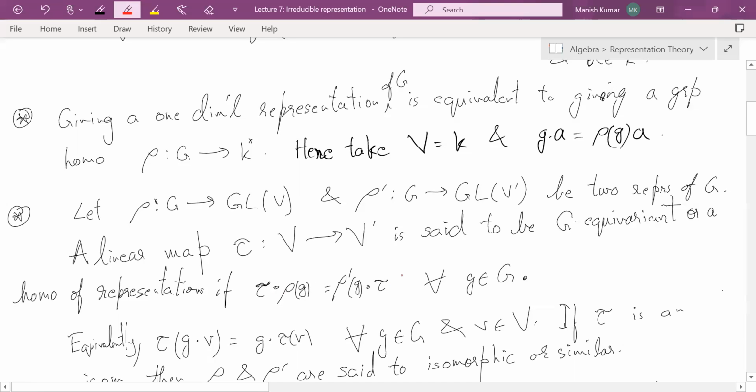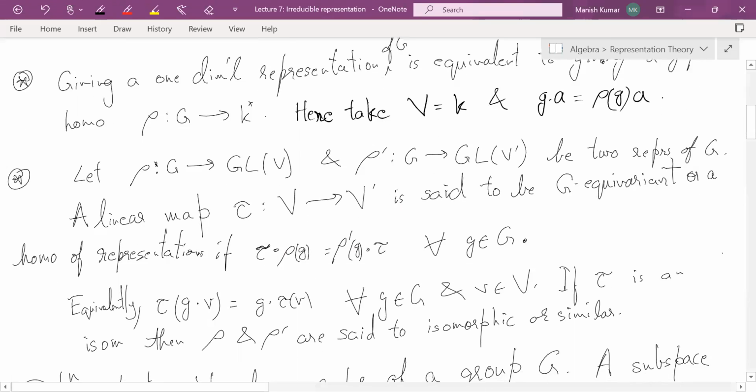That's the same as first applying tau to the vector and then applying rho prime G. So that is what a G-equivariant map or a homomorphism of representation is. Equivalently, tau of G dot V is G dot tau of V for all G in G and V in V.